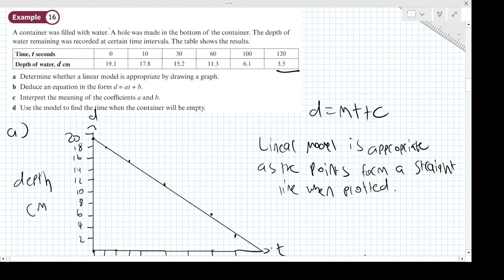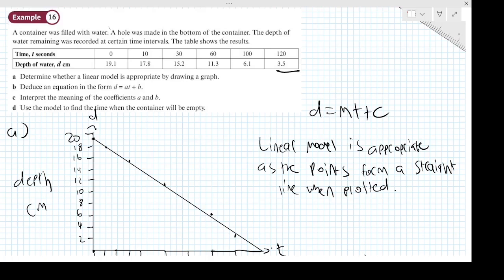As an exam tip, it says interpret. When you see that in a real life problem like this, it means you need to relate what you're interpreting or defining to the situation. You don't just say A's the gradient, you need to be more specific and say the gradient means as t increases by 1, d increases by minus 13 over 100.